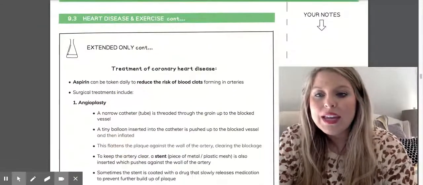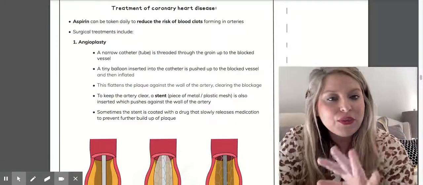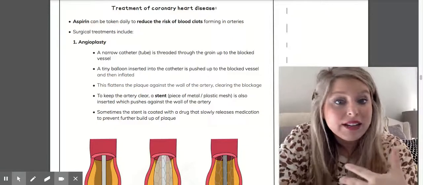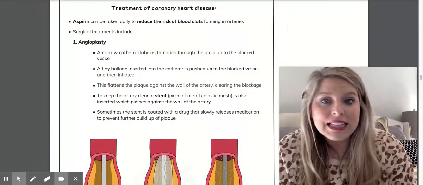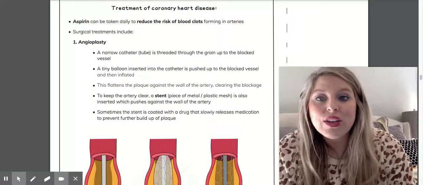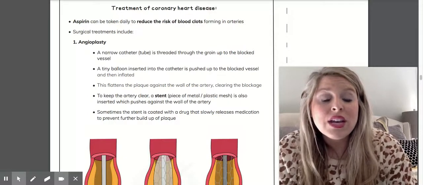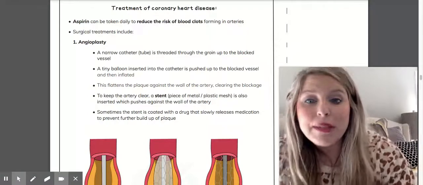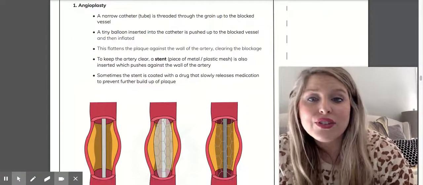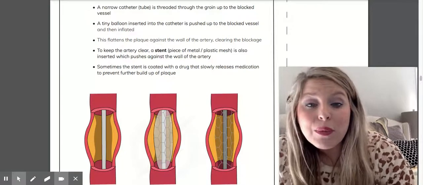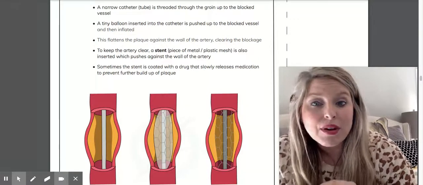Okay, we have a few other ways that we need to look at of treatment of coronary heart disease. The simple use of aspirin can be taken daily to reduce the risk of blood clots. You can have surgical treatments, which include something called an angioplasty, which is where you insert a narrow catheter or tube to open up those arteries and keep the artery clear.